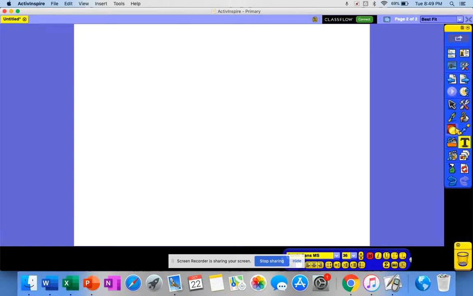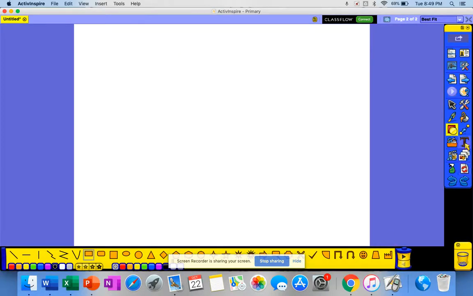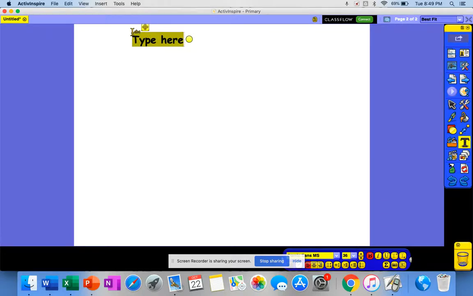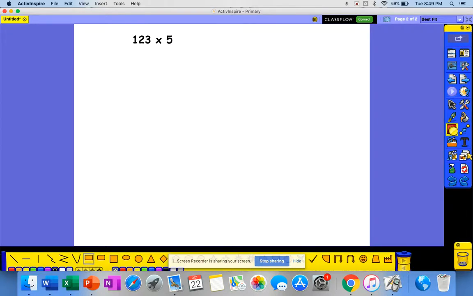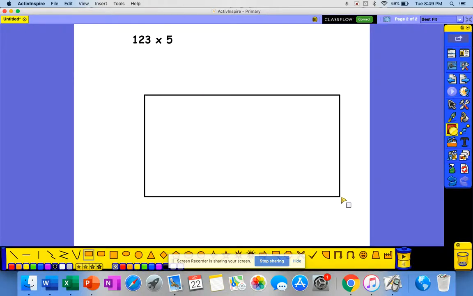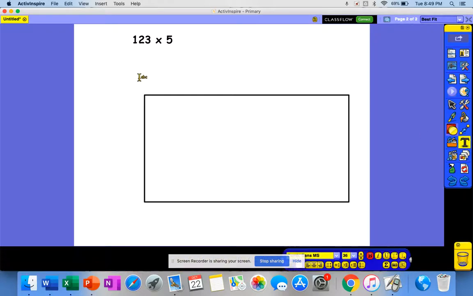Three-digit by one digit is exactly the same, except we're going to do 3 digits. So let's say 123 times 5. So I'm going to draw my rectangle, draw my box, and I'm going to put in my expanded form.